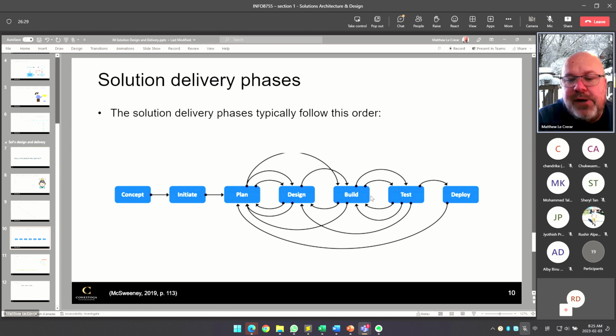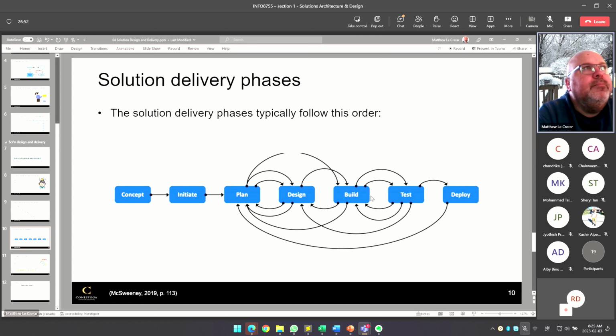That's where the solution architect comes into play. And that's why projects generally have multiple experts, and the project manager is responsible to make sure those experts do what they need to do when they need to do it. Solution architects are just one of those people.